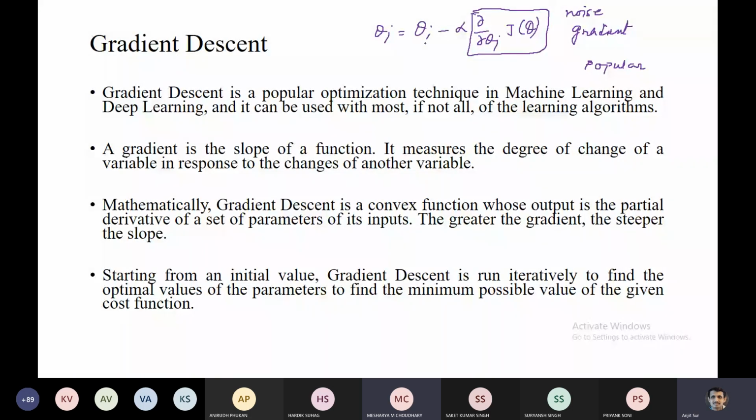So a gradient is a slope function. It measures the degree of change of a variable in response to changes in another variable. So there is a change in this variable and it influences another variable.